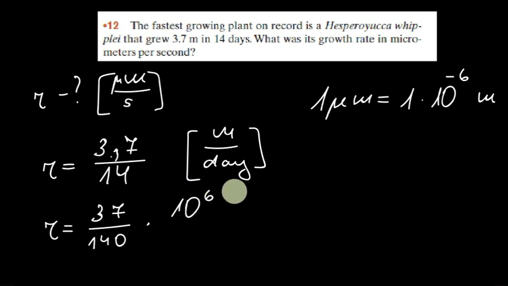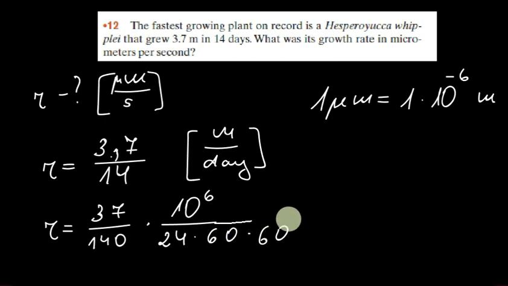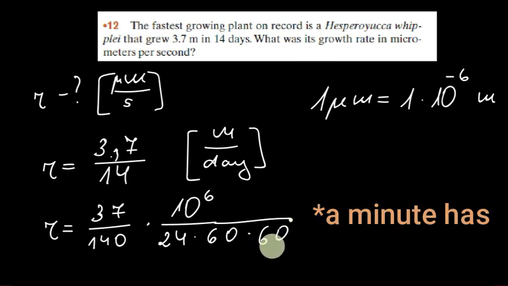So we multiply it by 10 to the power of 6 and divide it by 24 times 60 times 60. This is the number of hours in a day, this is how many minutes an hour has, and this is how many seconds a minute has.